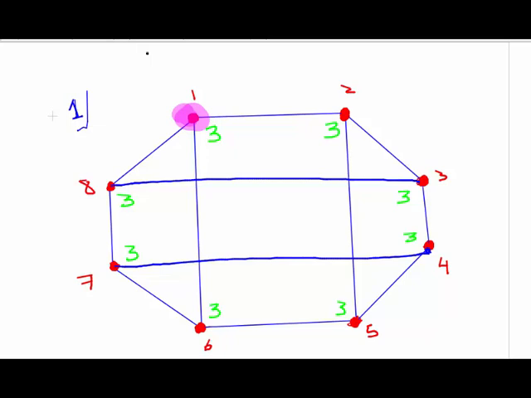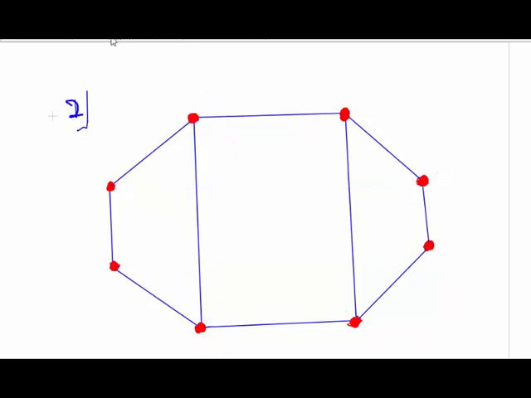Okay, so we have to think about what we can do different for the next one. So let's go back here. So this is 1, 2, 3, 4, 5, 6, 7, 8. Okay. Now again, I have the graph mostly started, but it's just a matter of doing something different at the end.